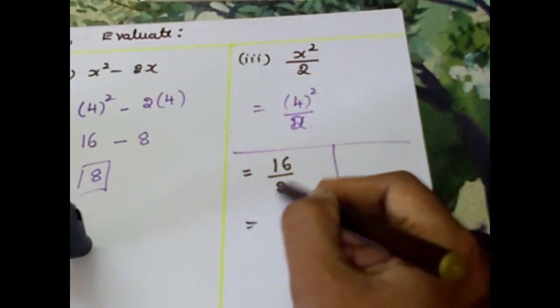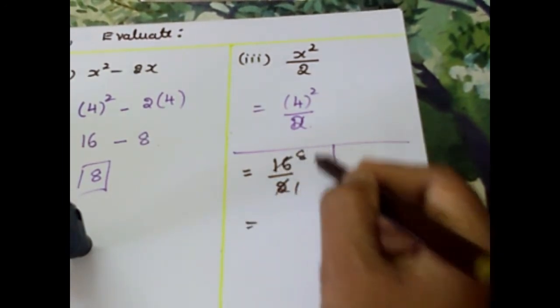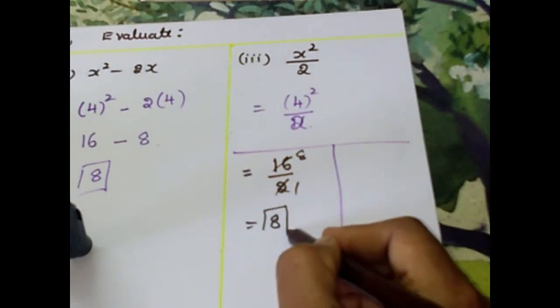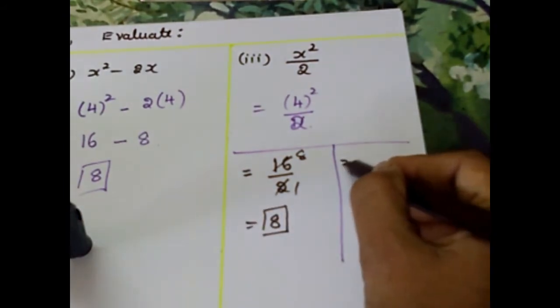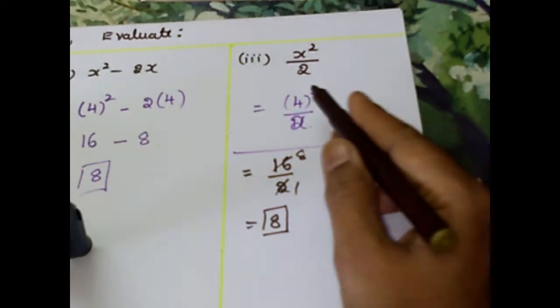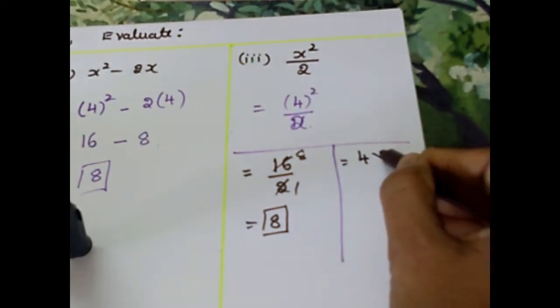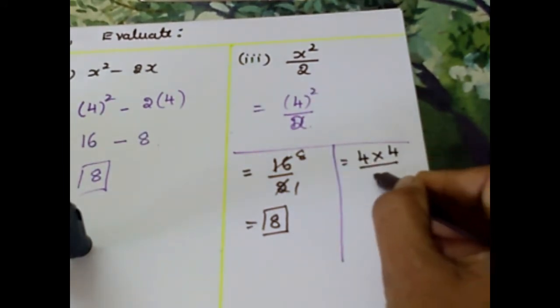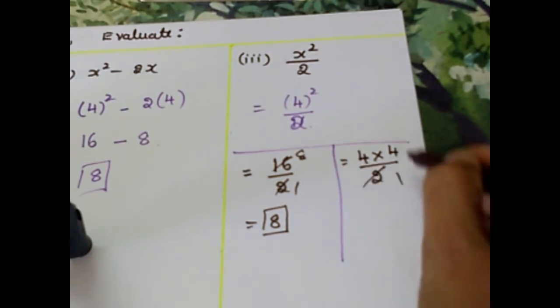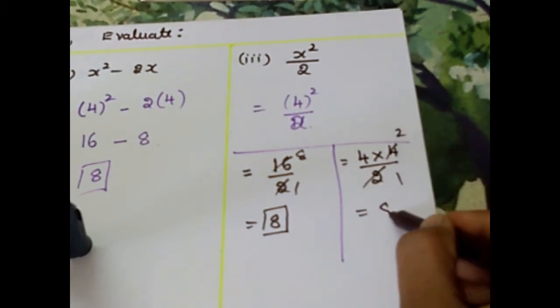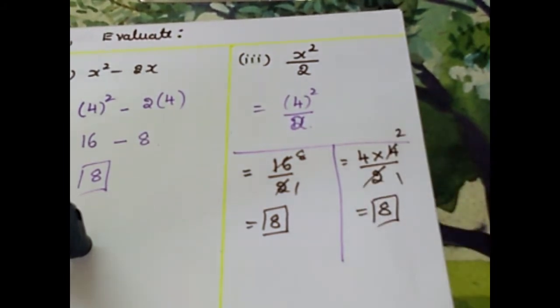Now simplify. 2 8s are 16, so the solution is 8. Or, as we have the division symbol, I can write 4 square as 4 into 4 by 2. 2 2s are 4, 4 2s are 8. Why did I show both the alternate methods?